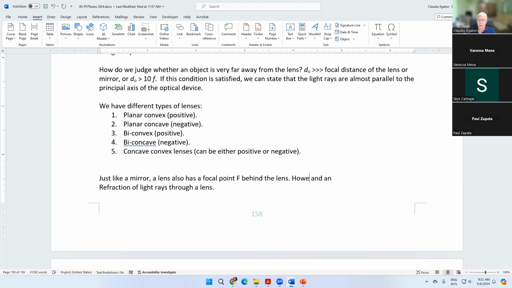However, unlike a mirror, a lens is also said to have a second focal point F prime in front of the lens.